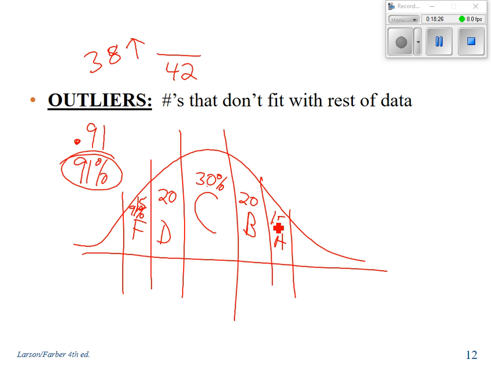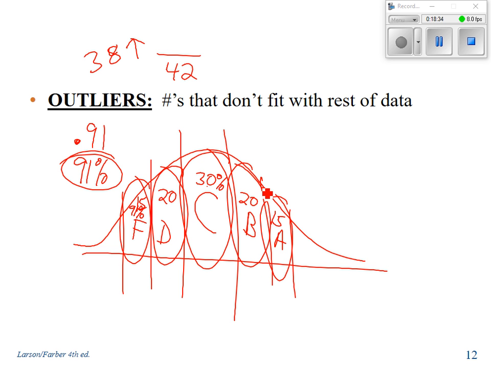So no matter what, there has to be 15% in that F range, 20% in that, 30, 20. Hope no other math teacher ever watches this because those percentages are all completely wrong for a bell curve, but I don't feel like writing down the exact numbers, but it's something like that, right?